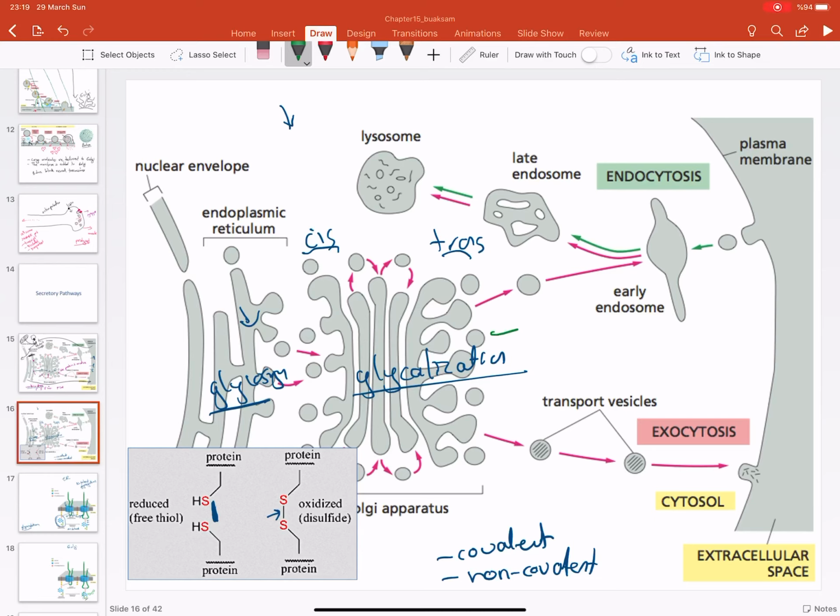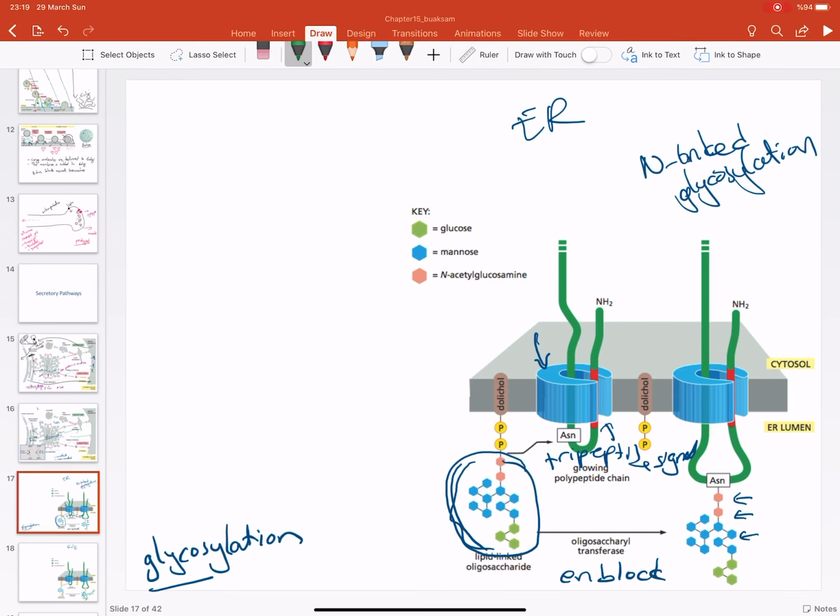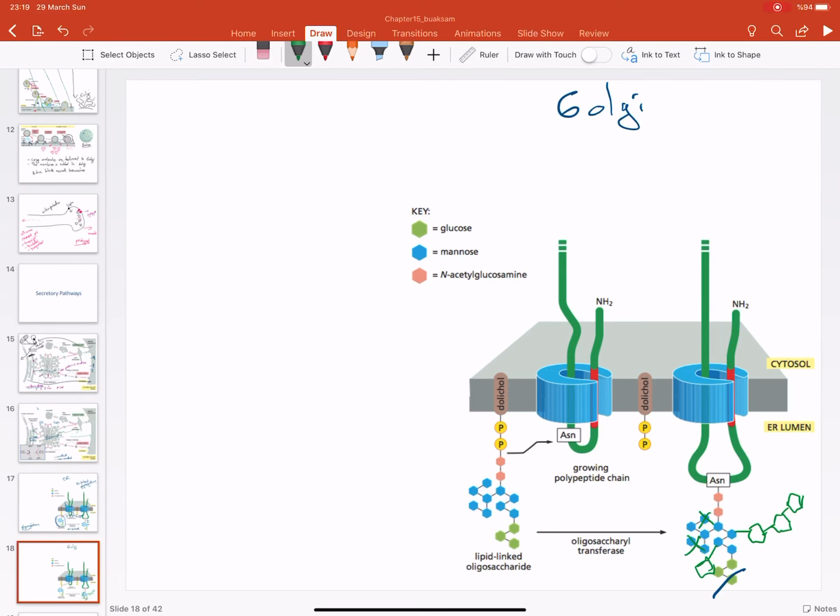And here, when it is leaving the trans Golgi to the endosome or to the plasma membrane, now it's the mature protein which is ready to work. I really hope that it's clear about the glycosylation. Glycosylation is the key for the function of many enzymes. Also, they are key to protect the proteins from enzymatic activity, especially if you think about the lysosome.